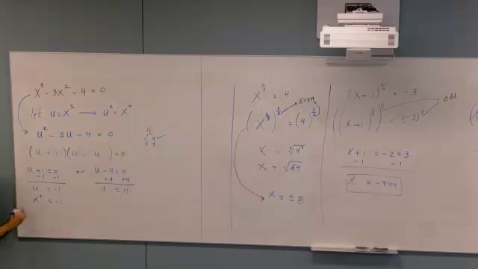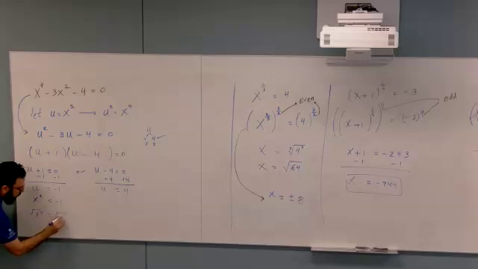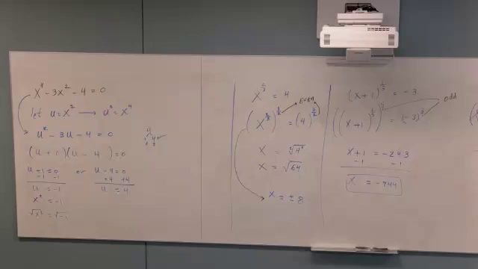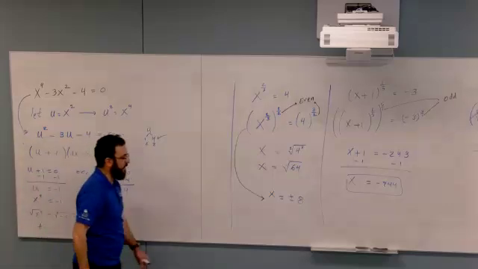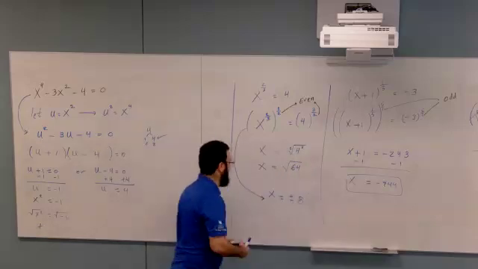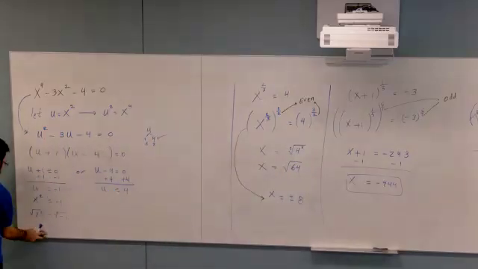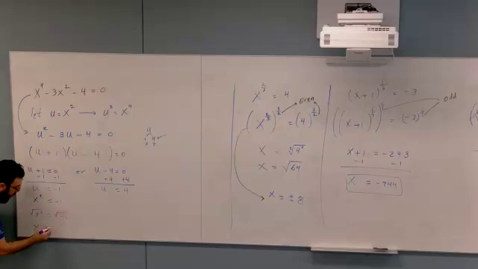Square root both sides. So square root of x squared equals square root of -1. Is that okay? Now, what's the square root of x squared? x. x equals, and don't forget when you're taking the square root of any number, you put a plus or minus.